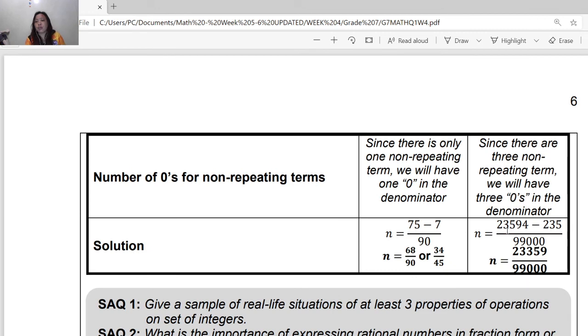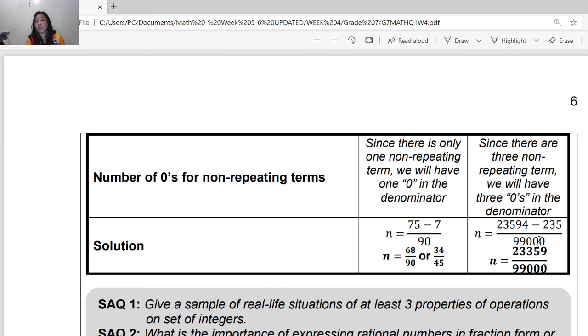So we have the formula. These are the numbers after the decimal point minus the non-repeated term, over, there are 2 numbers repeating, which is 94, so there are also 2 nines.